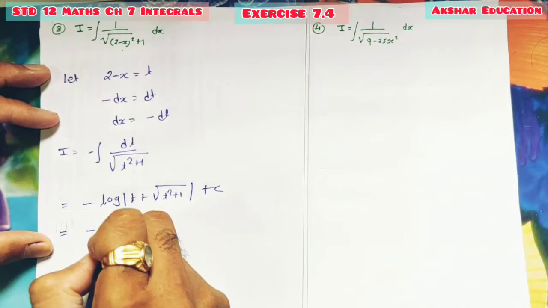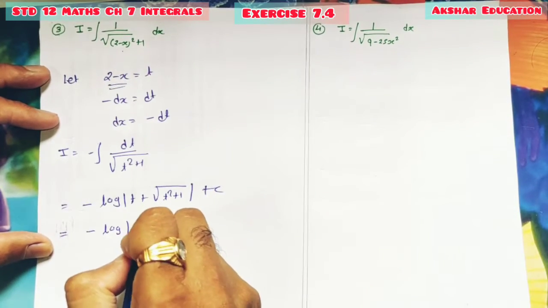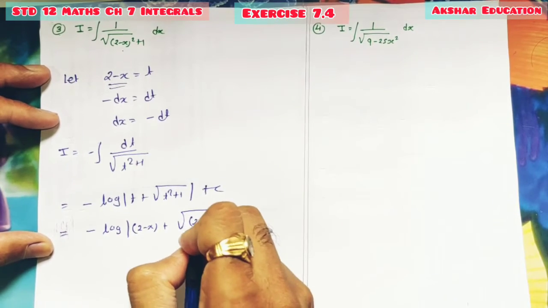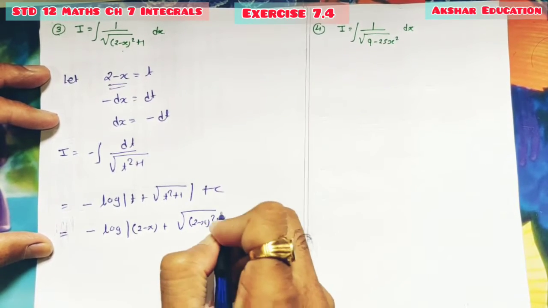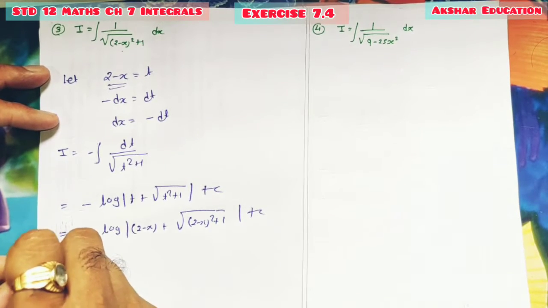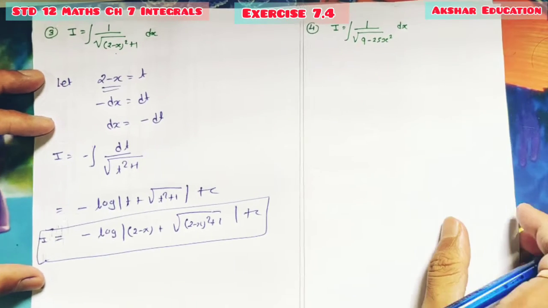That is equal to minus log of 2 minus x plus square root of 2 minus x whole square plus 1 plus c, which is the answer. This is the integration of the third question. Fourth one.